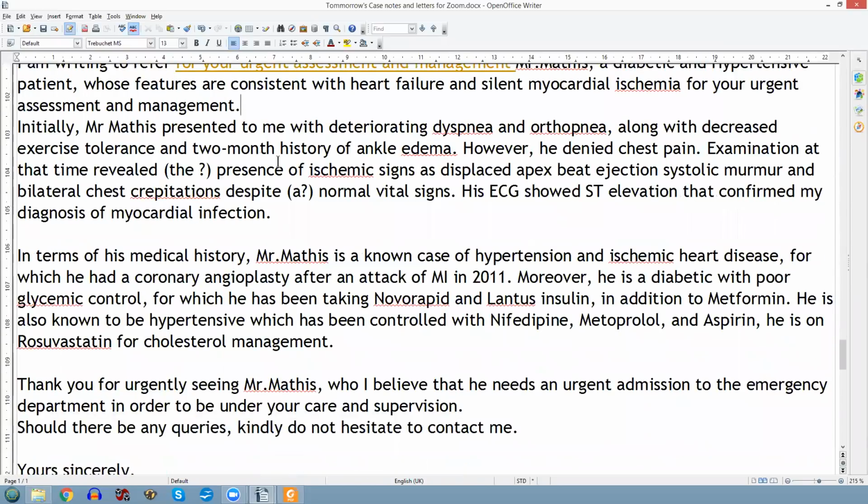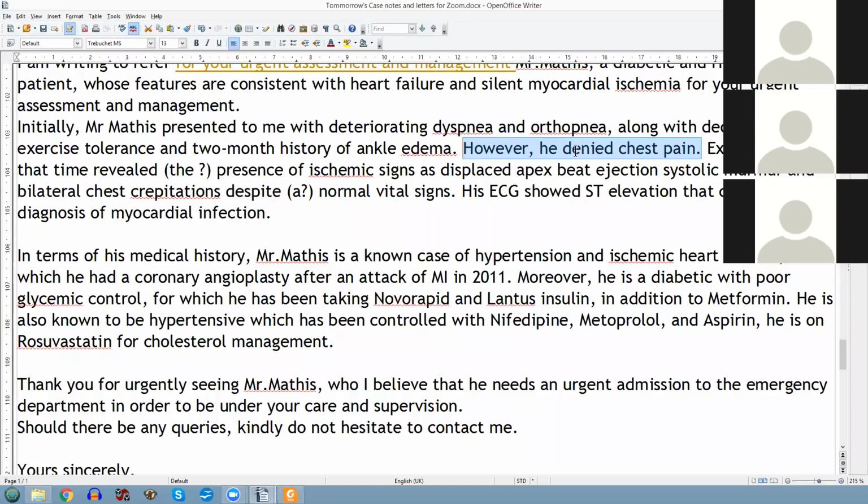"Initially, Mr. Matias presented to me with decreased... history. However, he denied..." Now, okay, right. Why would you use "denied"? That's not good as a verb. You deny committing a crime. You deny being a murderer. You don't say "I deny I have no chest pain." That's not a very good verb.